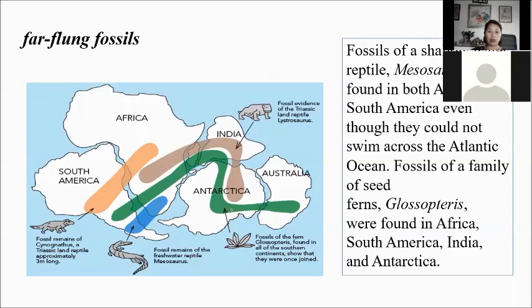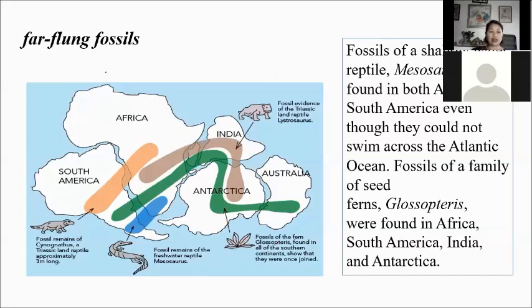No? So, itong green one, so dito nakikita itong Glossopteris: Australia, Antarctica, part of India, Africa, and South America. Okay, so yan ang other evidences, no?